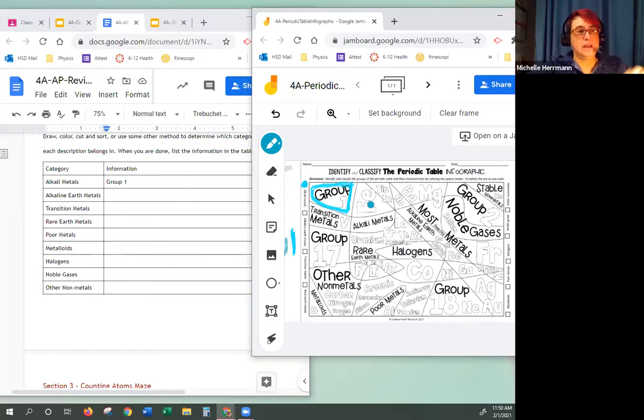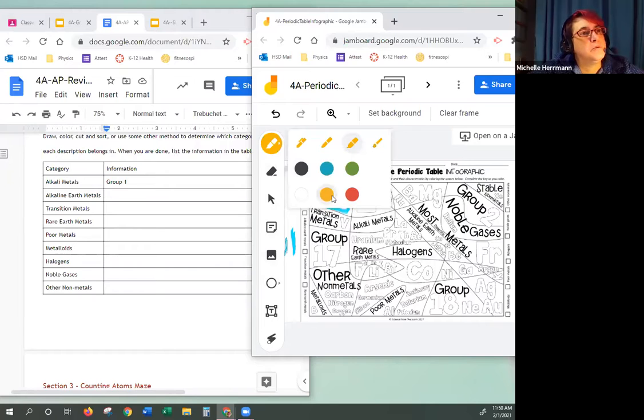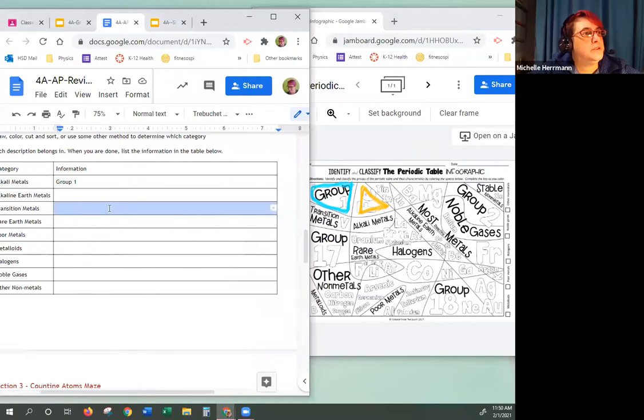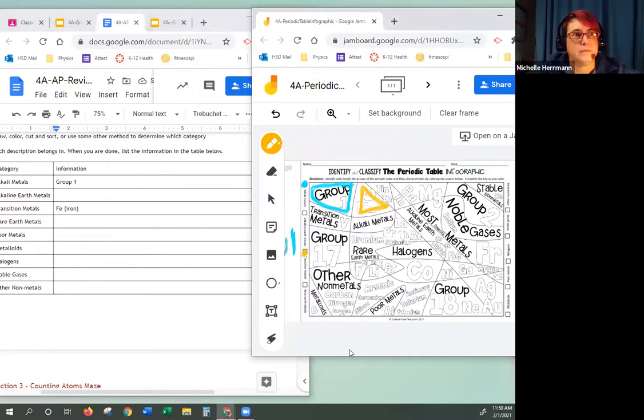So the piece of paper and highlighting can help you keep track of which ones you've done already. So now I have transition metals as yellow. And then I would know that in my notes on transition metals, I would type in Fe for iron. So I know iron is a transition metal. All right. Does that make more sense?